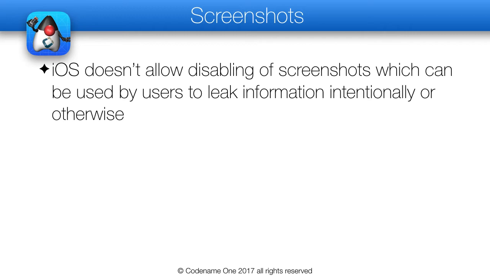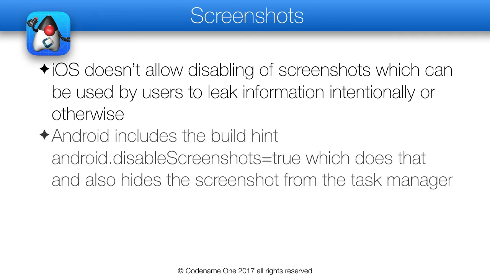Another important feature is screenshot blocking. This can prevent potential attack or even misuse when a screen containing private information can be captured. You can't block screenshots on iOS. That feature isn't available there. On Android, we can block screenshots using the build hint to disable screenshots.